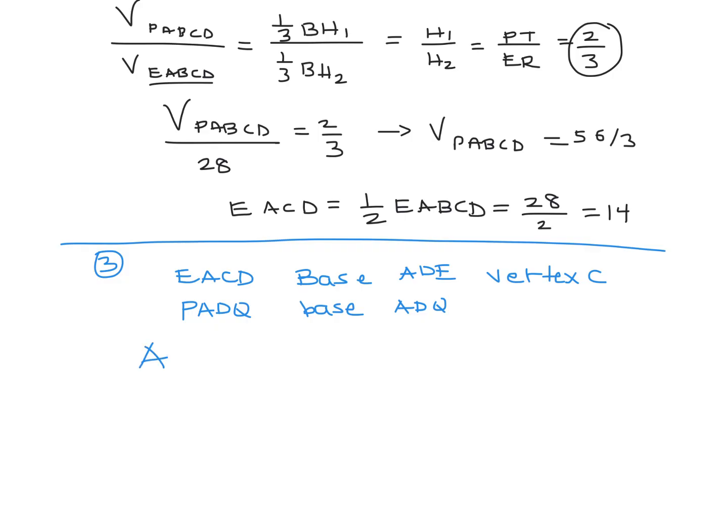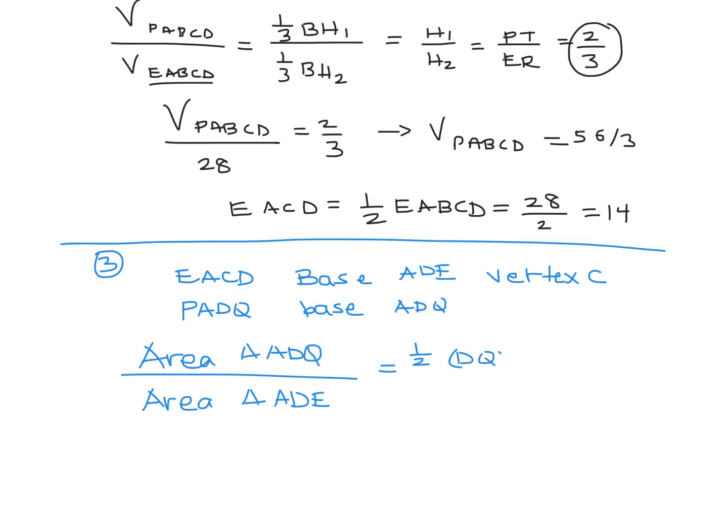And therefore, the area of triangle ADQ over the area of triangle ADE is 1/2 base times height, so it'd be DQ times H over 1/2 ED times H, and that's going to be just DQ over ED, since the others cancel out, and DQ is technically ED minus EQ, right?